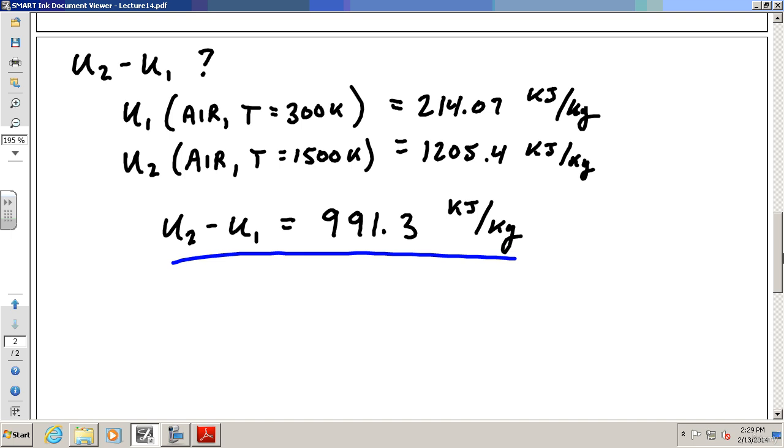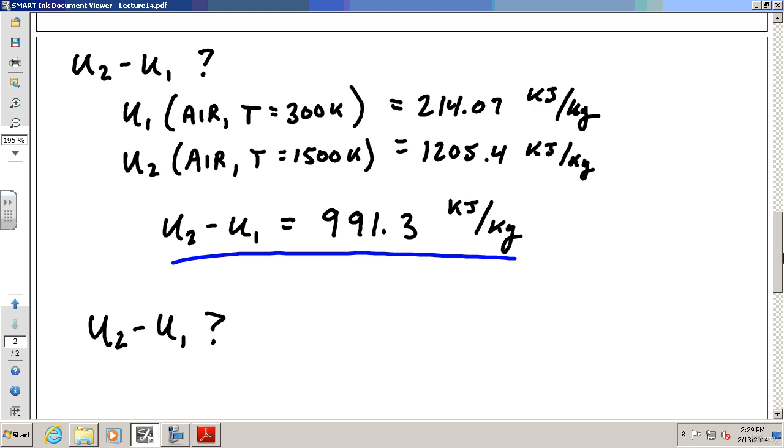How else can I get the difference in internal energies, U2 minus U1? There's another way that's going to be important, and we're going to talk about it even more on Tuesday, but we're going to start today. I've already talked about it last week a little bit. Anybody remember? What's another way to get the difference in internal energies besides using the tables? I haven't used it a lot yet, so maybe that's why you don't remember.